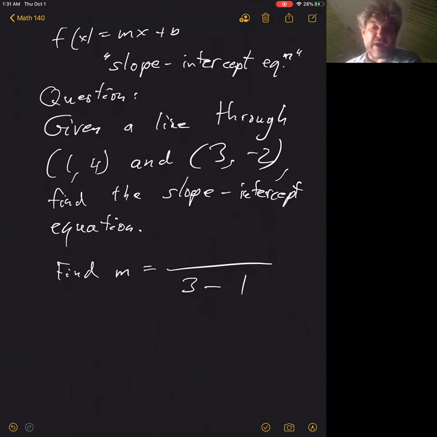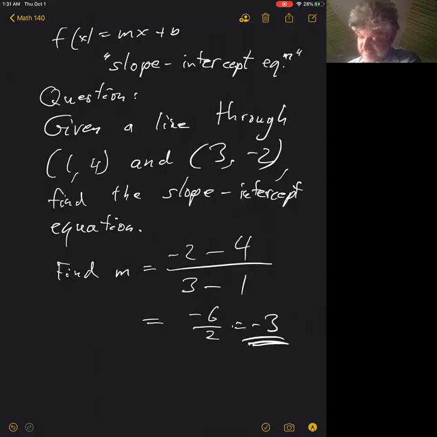And then the y values, the y2 comes first, so that's the negative 2, minus y1, that's the 4. Which gives me negative 6 over 2, which is negative 3. That's my value for m. That's the slope of this line.